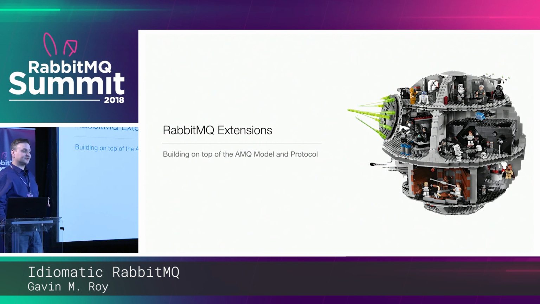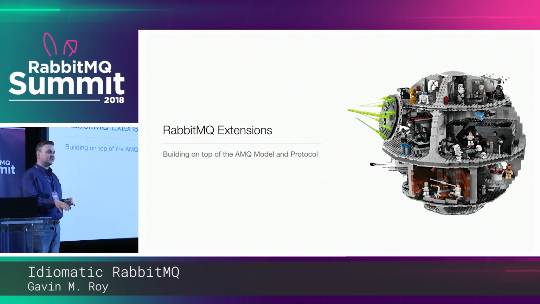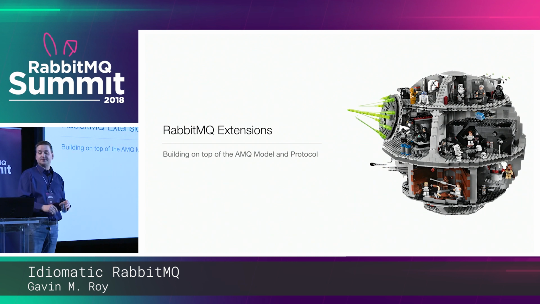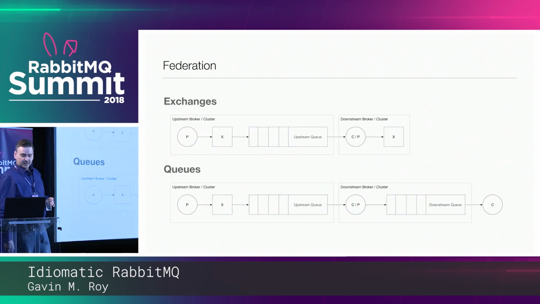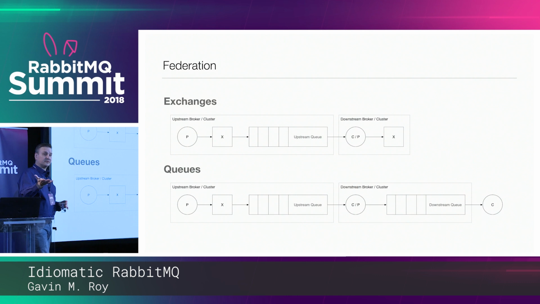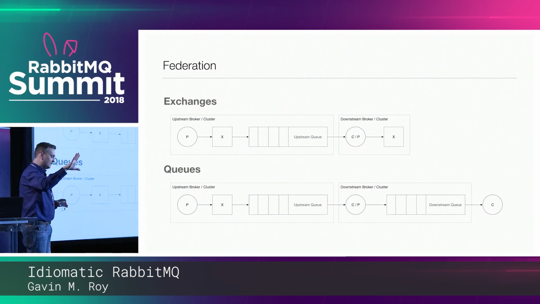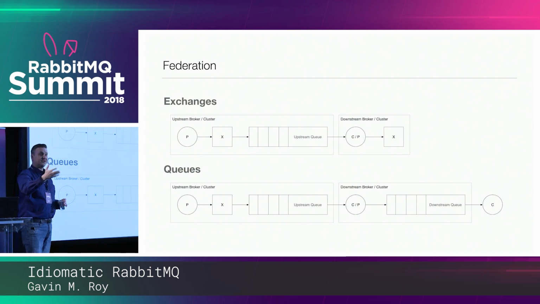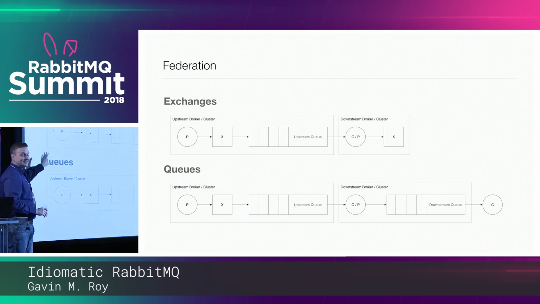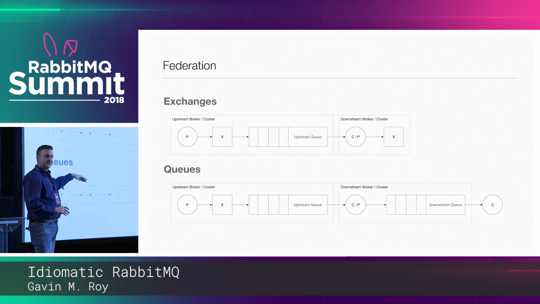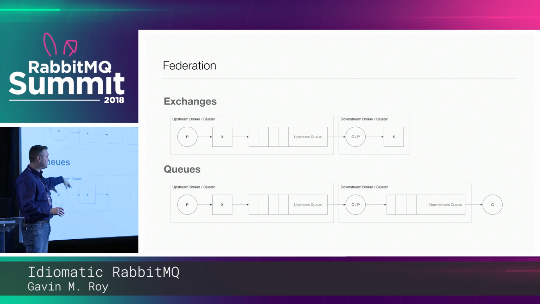So with those warts, we look at what RabbitMQ has done to address those. And that's really cool. So AMQP is extensible, which is awesome. First is federation, and it's important to think about. You think about the features in RabbitMQ, and they're building on top of AMQP. So when you think about the behavior of federation, it's implementing the AMQ model, and it just has built-in consumers and publishers that are working underneath the hood to do the things that you're doing.